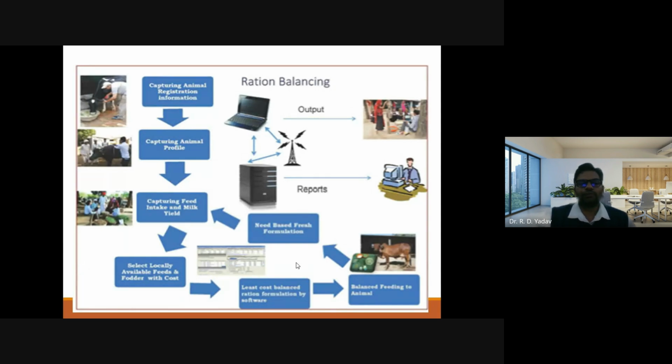We used to go to the village area and take their locally available feed resources, their body weight, their basic data, and their milk production. Likewise, we gave a ration balance output to the farmers for the balancing of ration. So it was a very successful program run by NDDP.